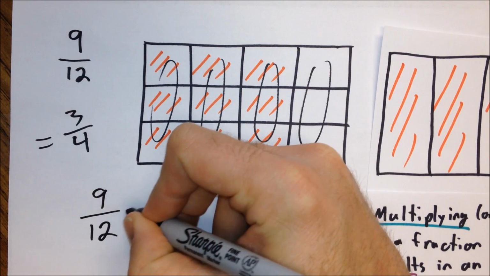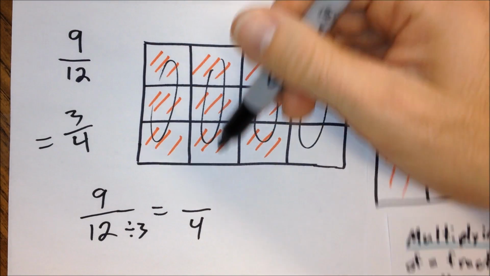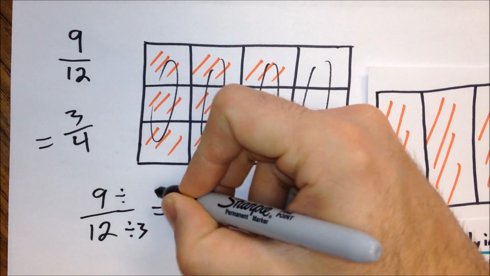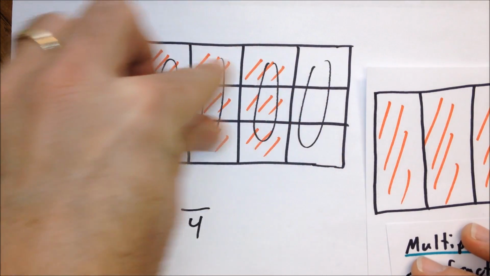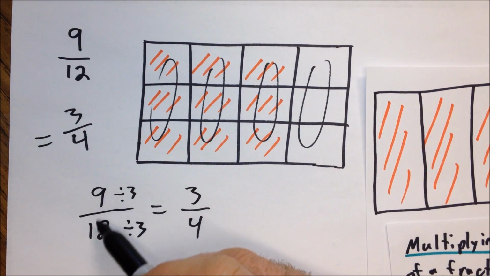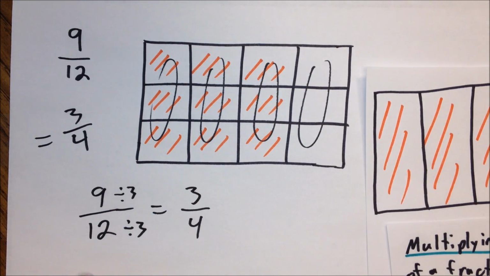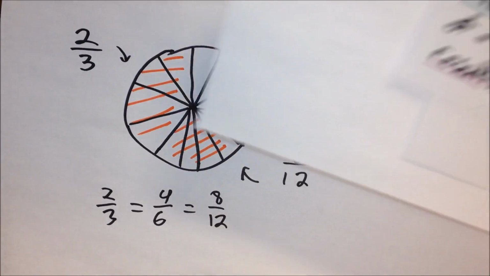I divided by 3, and then I ended up with 4 pieces, but I also had to divide my 9 by 3 because I was grouping my red blocks in groups of 3 as well as I grouped all my blocks in groups of 3. And so I get 3/4 by taking my 9 and dividing by 3 and also taking my 12 and dividing it by 3.